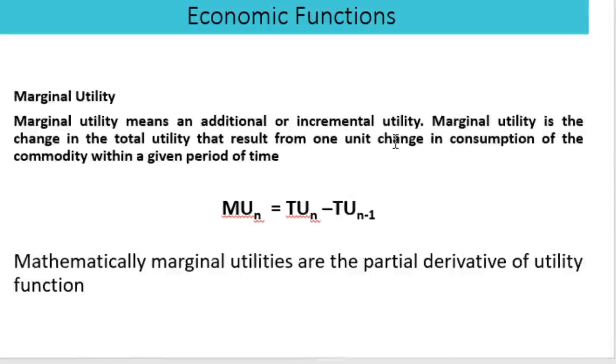Marginal utility means the addition or incremental utility. It is the change in total utility that results from one unit change in consumption of the commodity within a given period of time. That is, marginal utility of the nth unit equals total utility of n minus total utility of n minus 1 units of the commodity, or it is the partial derivative of the total utility function.